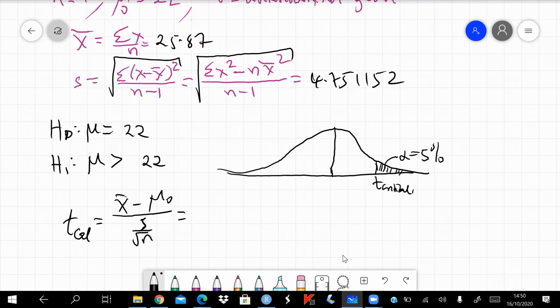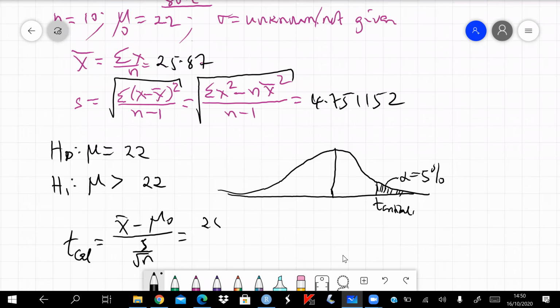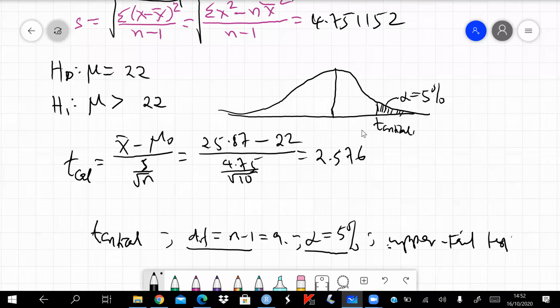And our X bar is 25.87, minus our mu naught, which is 22, divided by our S, which is 4.75 etc., divided by root n. So the calculated T statistic is 2.576.